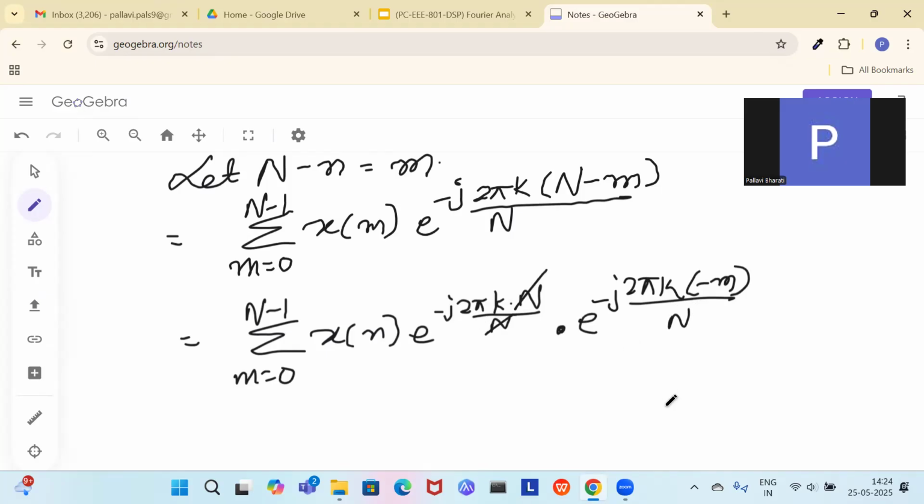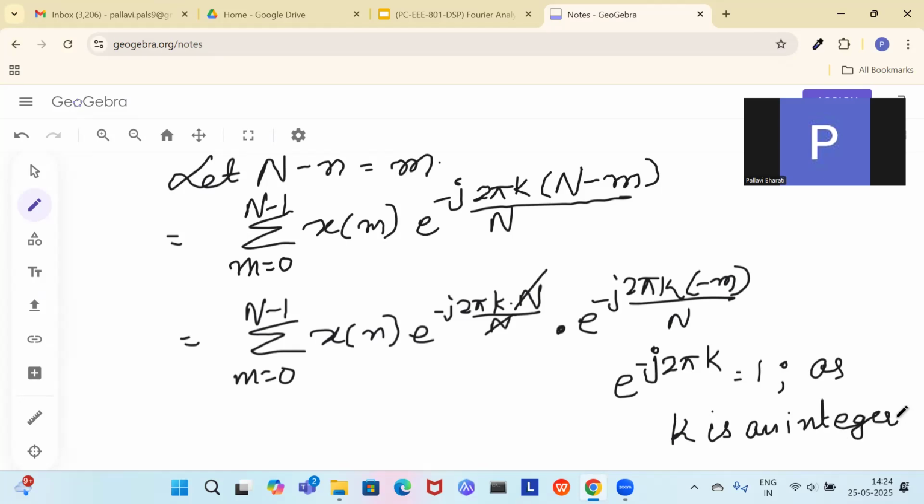Once it cancels, it is left with e to the power minus j 2 pi k, and this is equal to 1 as k is an integer.